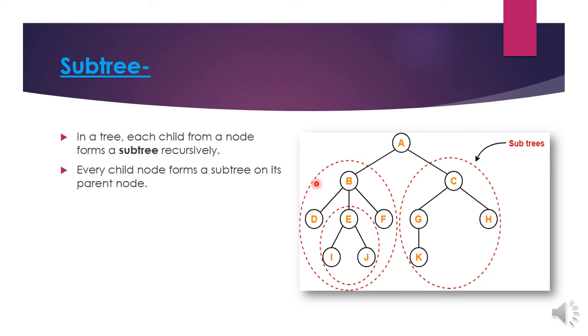So these are the subtrees. So B is a subtree and C is a subtree. Again E is a subtree of the B tree. So this is a child tree of the B tree, and B is a subtree of A, and C is a subtree of A.